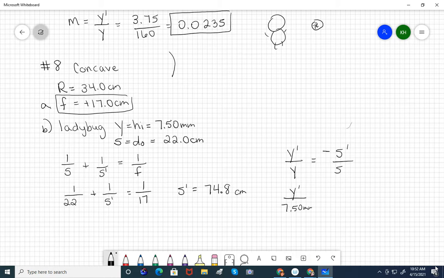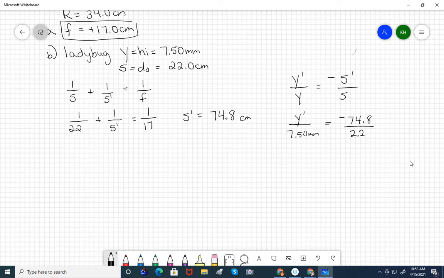I can't leave that in centimeters mixed up; this will just mean y prime will come out in millimeters. This will be negative 74.8 over S, which was 22. Notice the ratio: it looks like it's going to be a little more than 3 times larger. It's also going to be negative, which means it's going to be inverted.